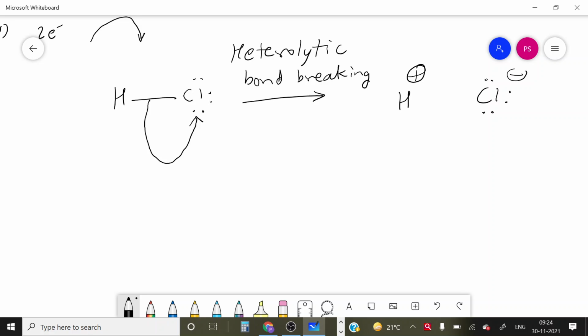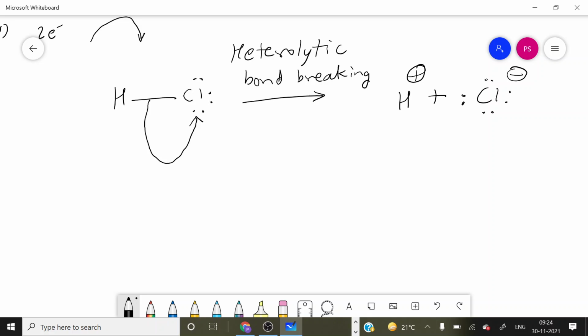You can see here three lone pairs are already present on the chlorine atom, and the fourth lone pair is because of the shifting of sigma bonded electrons toward the chlorine atom, and we get two species, H plus cation and Cl minus anion, the chloride ion.